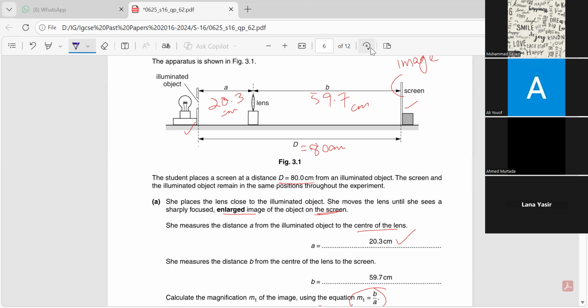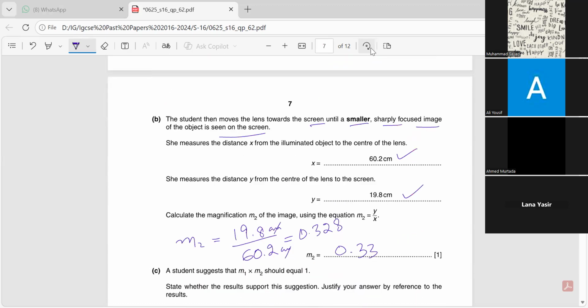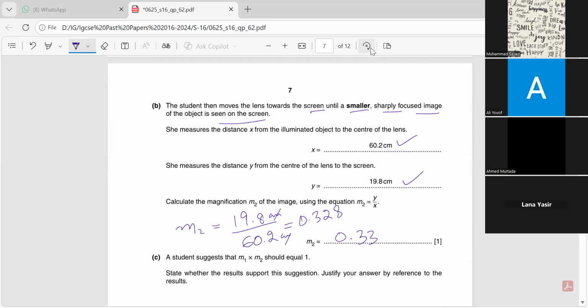If you add 59.7 plus 20.3, it is equal to 80. Similarly, 60.2 plus 19.8 is also equal to 80. So the distance between the screen and the object has not changed. Only the lens is being moved forward and backward to get these distinct and sharp images.